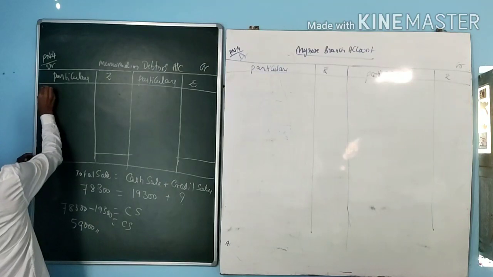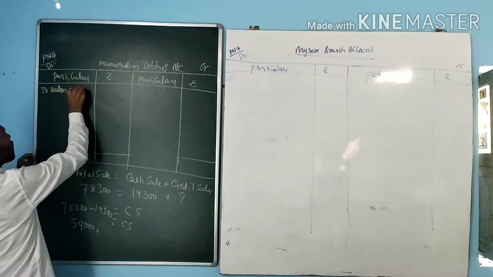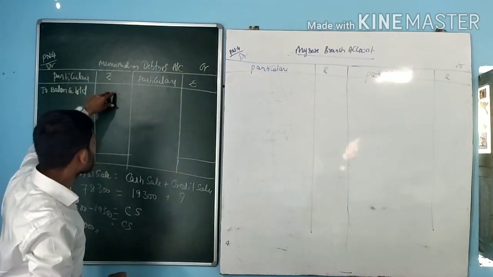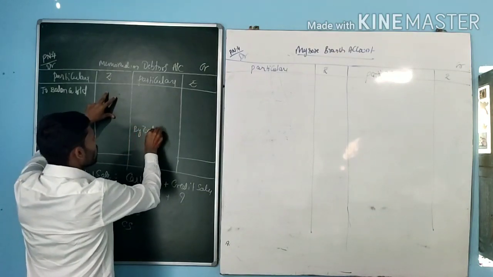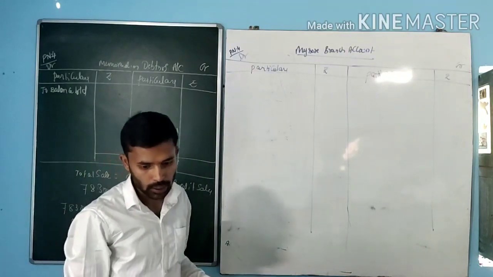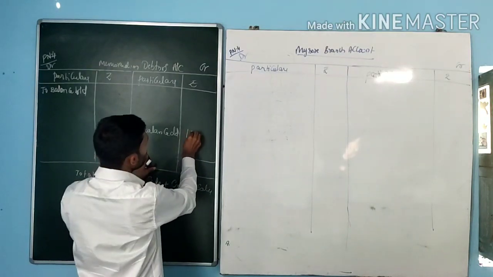To opening balance, that is to balance brought down, they are not given, so we have to calculate. Next one, by balance carried on, they are given the amount, that is 18,300.